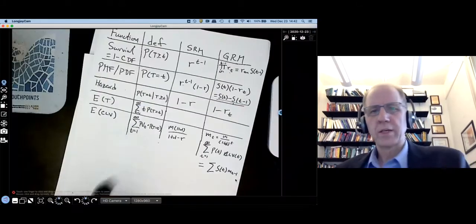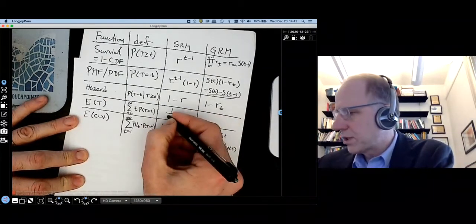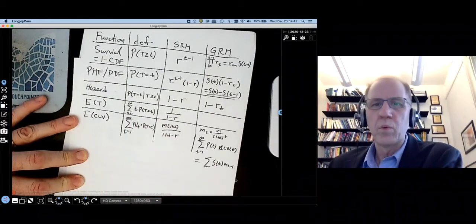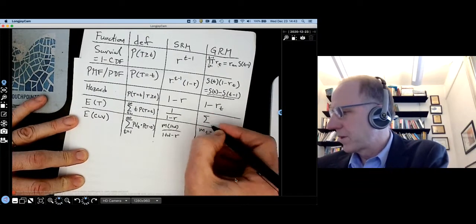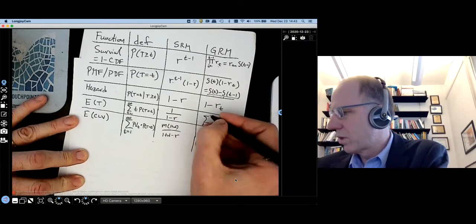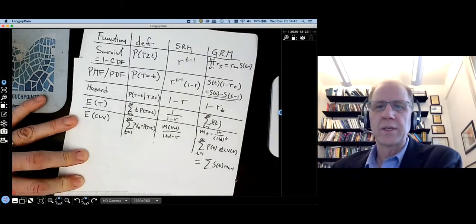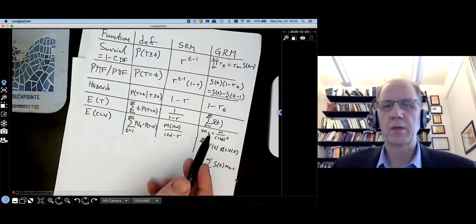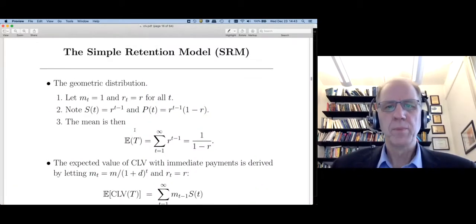So let's go fill that in as well. The expected value of t for the simple retention model was just 1 over 1 minus r. For this, it's going to be the sum t equals 1 to infinity of s at t. And that gives us the mean or expected number of periods that a customer is going to be active. So a couple more results.